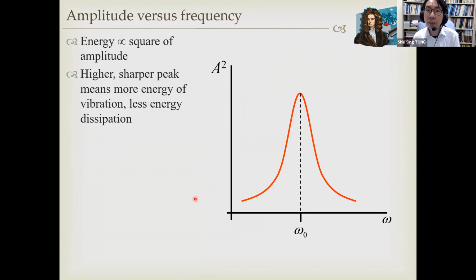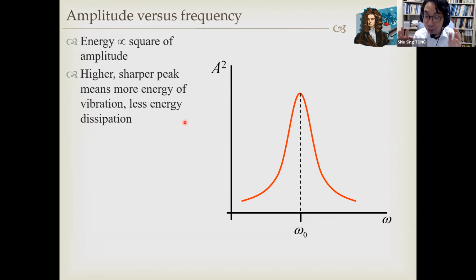Now, let's have an understanding of the frequency response. Suppose I plot the square of the amplitude against the frequency. Why do I plot the square of the amplitude and not the amplitude itself? Because, as you remember, for a spring mass system, the total mechanical energy is proportional to the square of the amplitude.